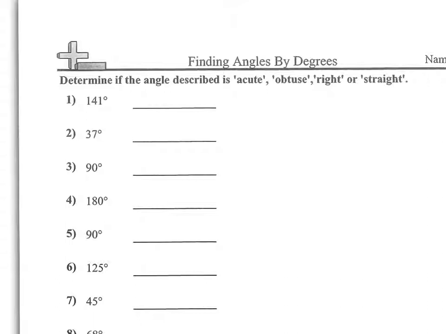If I flip back to page 4, I'm going to find where 141 is, and I would see in mine that it's in the green. And the green tells me that that is obtuse. So I'm going to write obtuse. 141 degrees is indeed an obtuse angle.